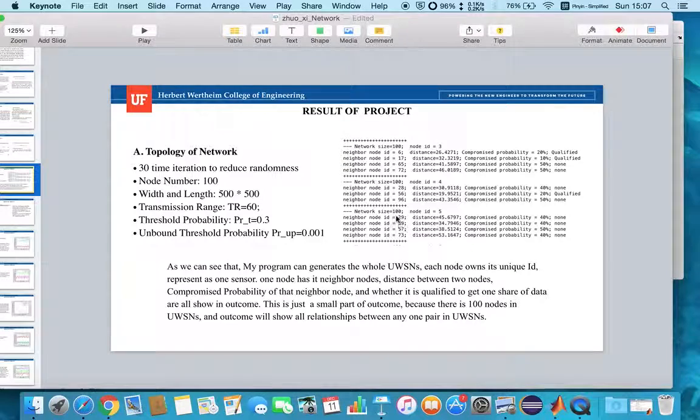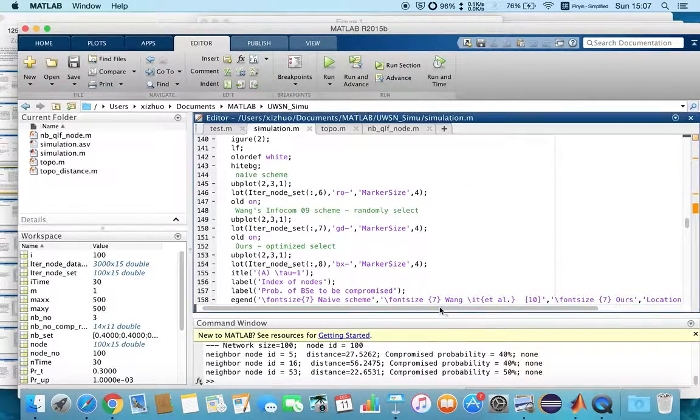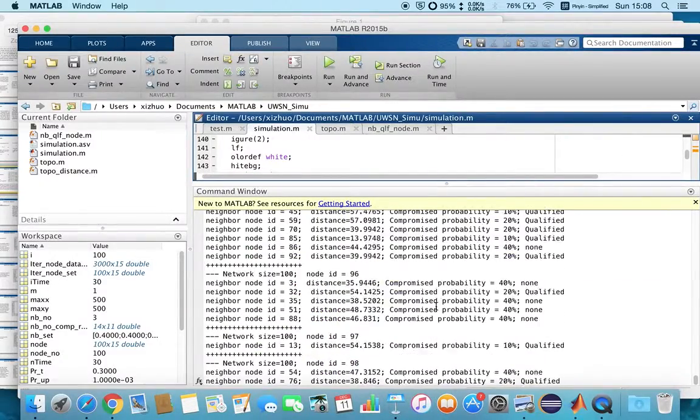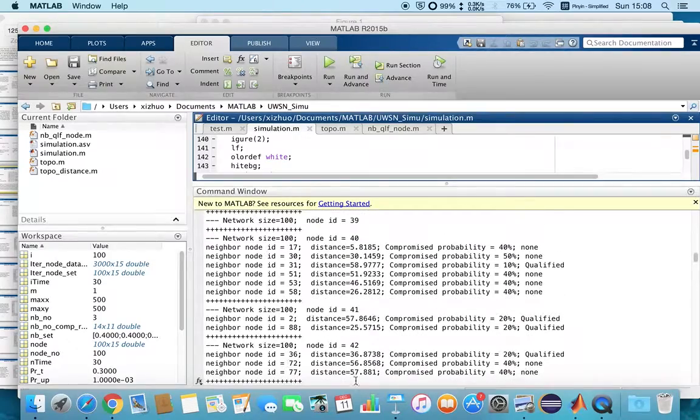This is just a small part of the outcome, but because there are 100 nodes in this network, the outcome will show the whole relationship of this network. The whole outcome is shown here. You can see all the relationships shown in this part.